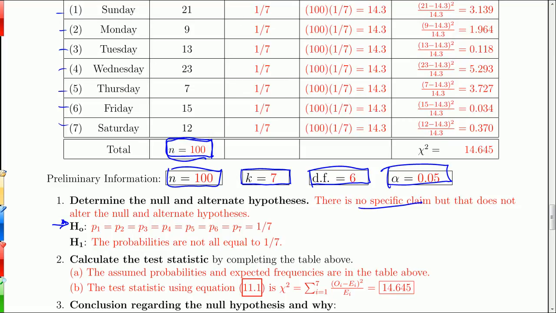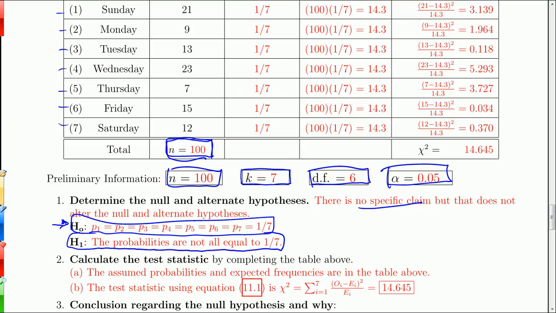In this case, evenly distributed means that the probabilities of rain on each of the given days should be equal, the same probability of getting one of those rainy days. And the alternate is always easy: the null hypothesis is not true, so not all the probabilities are equal to 1/7.